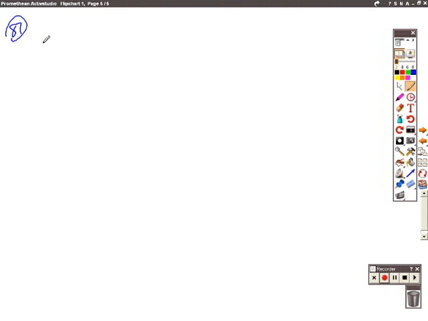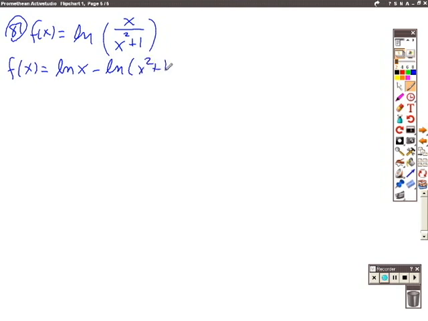F of x is equal to ln of, this is kind of a big one, well, it's actually not that bad, x over x squared plus 1. Now remember your log properties from Algebra 2. This is a quotient, so I'm going to do an algebra rewrite of ln of x minus ln of x squared plus 1.